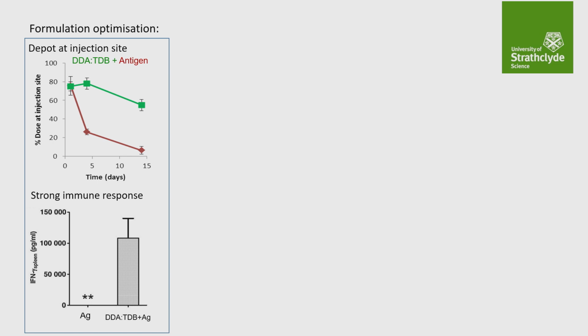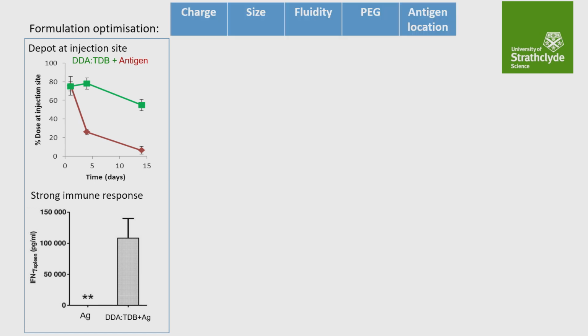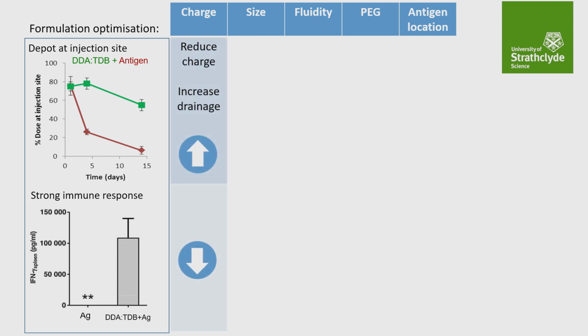Now, there are many things we can do to change this formulation. We looked at so many variations. So charge. Obviously, we can take down the cationic charge. As we reduce this positive charge, we help the liposomes flow away from the injection site, and they do reach the lymph node, but equally, that takes down our immune response. I'm not saying they're directly related, but the two things happen.